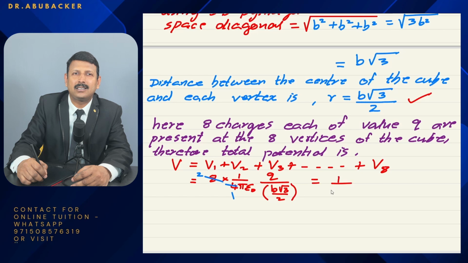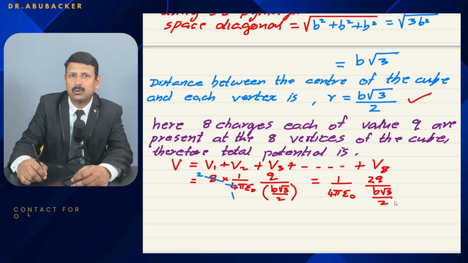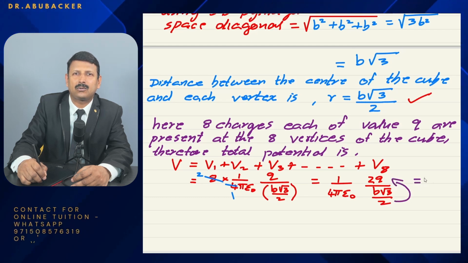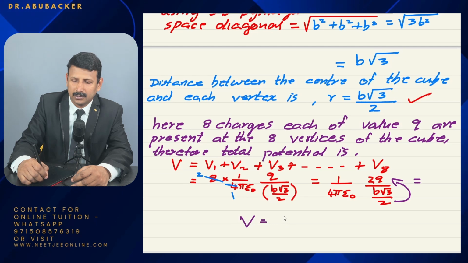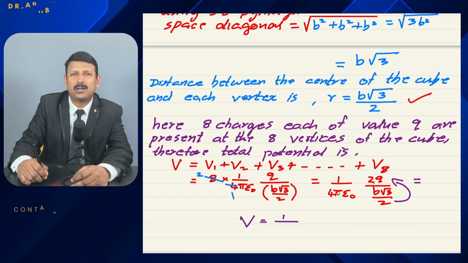So 8, 2. So 1 by 4 pi epsilon 0, one more time writing, but we will simplify in the next one. Okay, 2q divided by that 4 is actually not required. I will cancel now. That 2 came upside, from the denominator. So V is equal to 1 by pi epsilon 0, that 4 I wrote there by mistake.